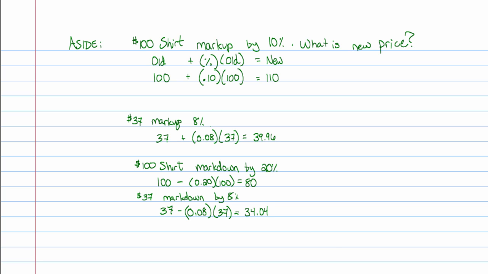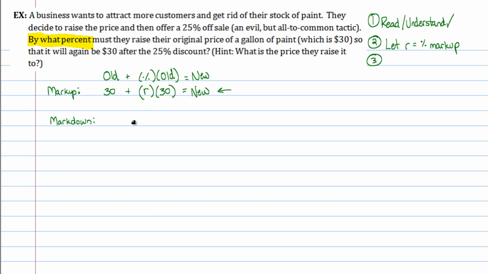So let's use that logic here. By the way, it means that to figure out what a markdown is, you take the old price and you're going to lose a certain percentage of that old price to become your new price. Oops, there should be an equal sign there. Let's go back here. So the markdown. We have some old price. Well, wait a second. It's just been marked up, right?